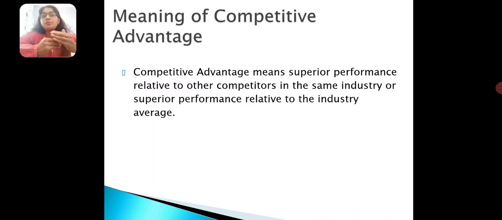So, your performance is relatively better than your competitor in the same industry, or better than the industry average. Then that means you are having an edge, or a superiority in the competitive advantage.